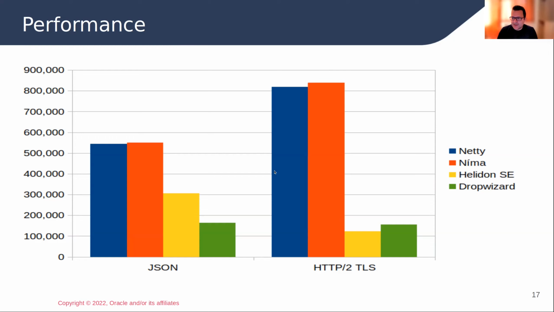On the other hand, my first tests with our microprofile implementation have shown that we can reach almost the same numbers as we have currently with Helidon SE when using NEMA. So definitely the virtual threads are giving us the advantage that we expected to get while providing a much simpler programming model.